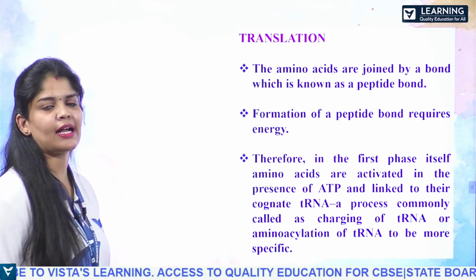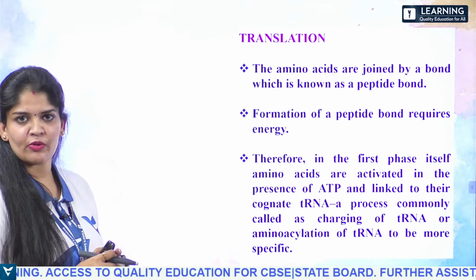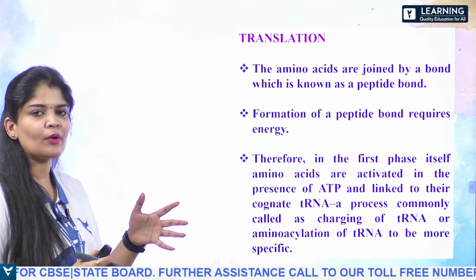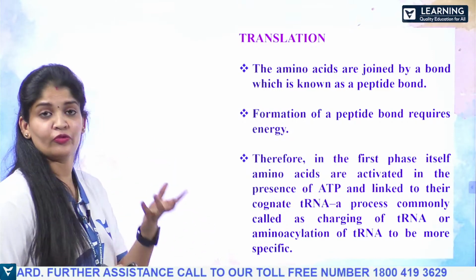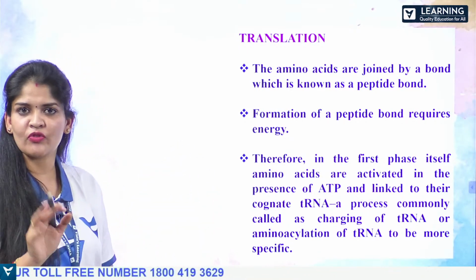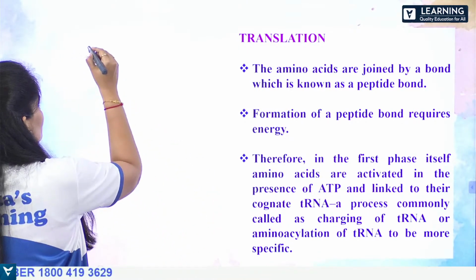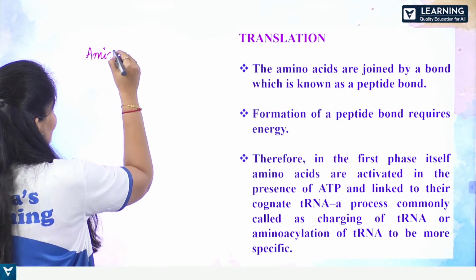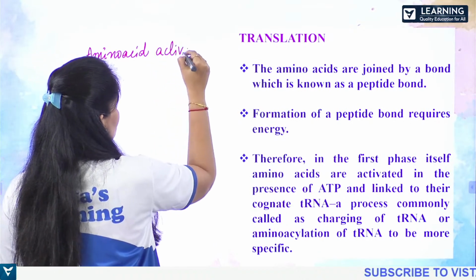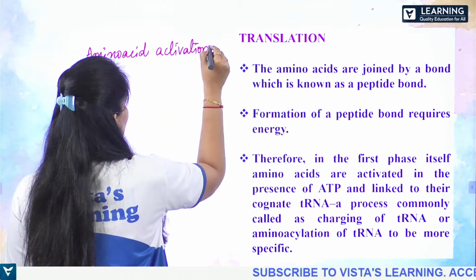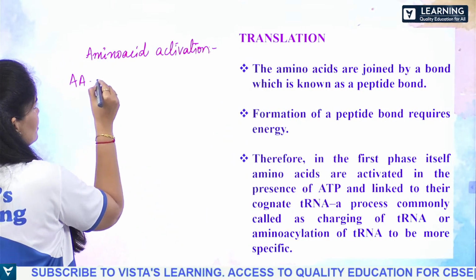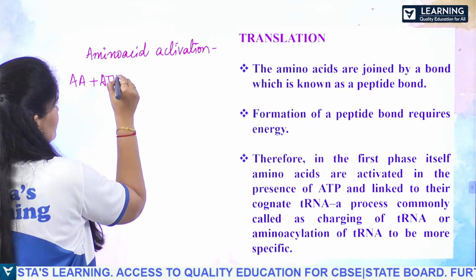As we already said, protein synthesis happens in the cytoplasm of the cell, and in the cytoplasm we have a pool of amino acids, present in an inactivated form. First they have to be activated, and for that they require energy. That energy comes from ATP. So here, in amino acid activation, the amino acid combines with ATP.